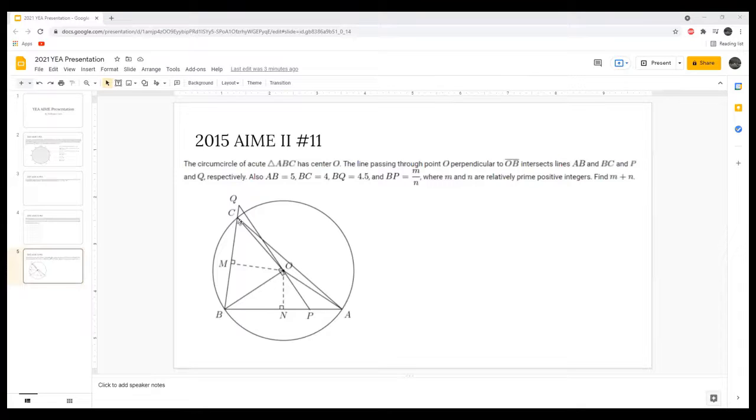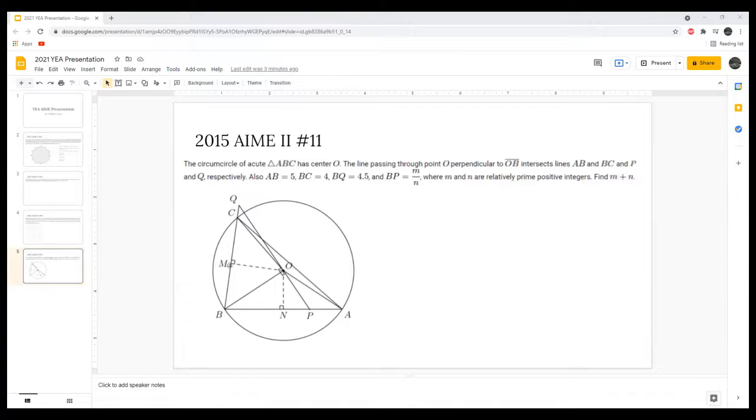But you create 2 smaller right triangles that are both similar to each other and to the big triangle. So by similar triangles, we have triangle QMO is similar to triangle OMB.